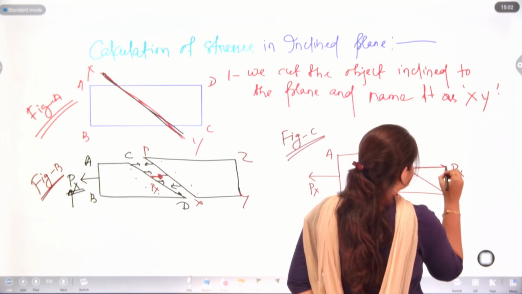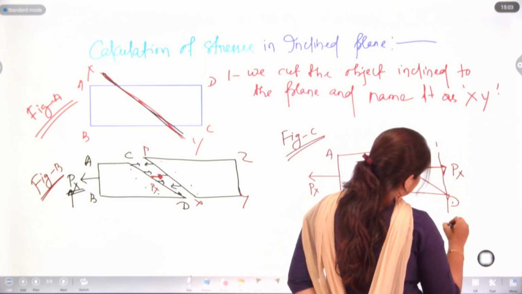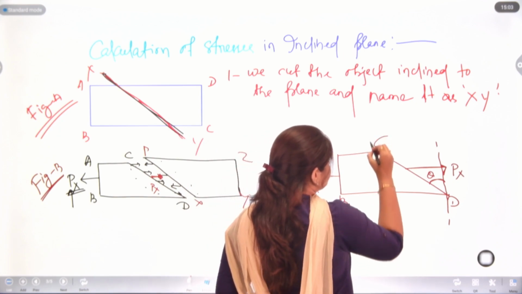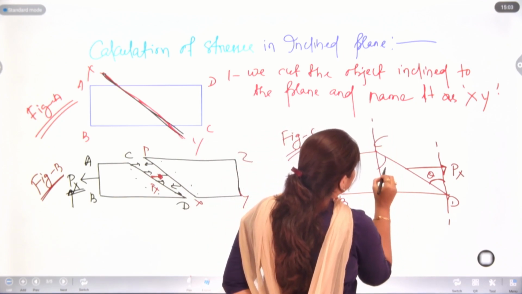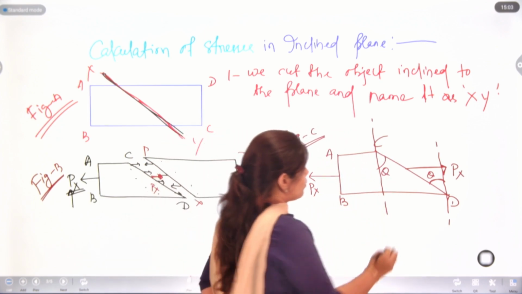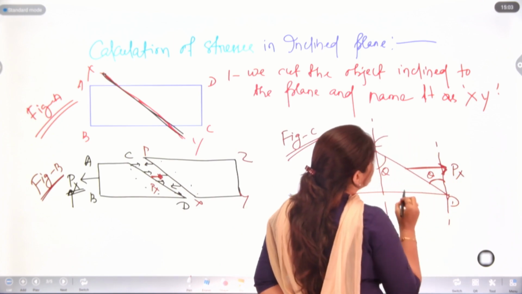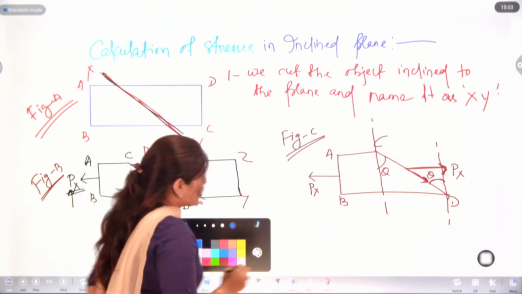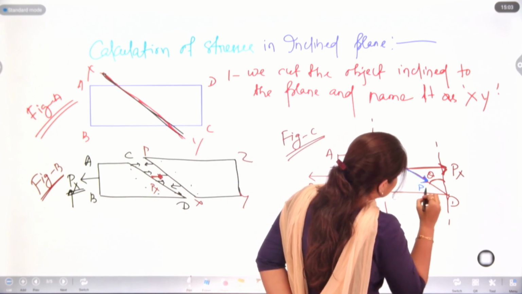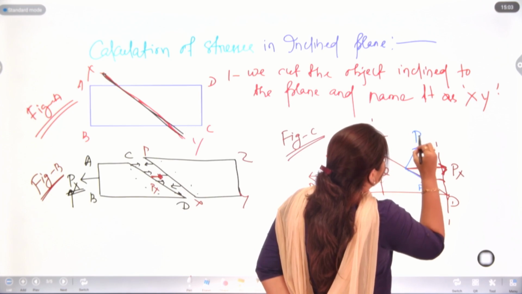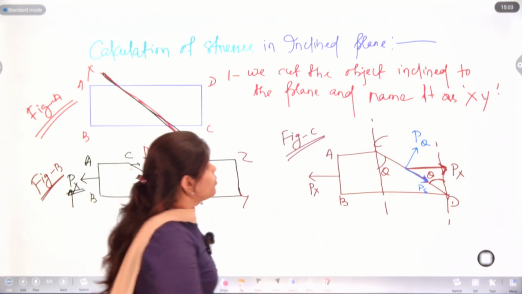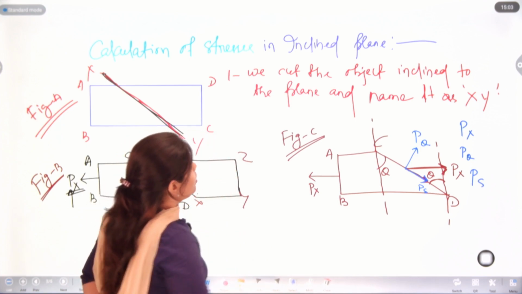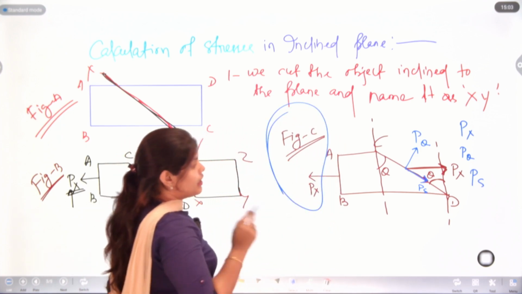Due to this Px, this CD will form an angle theta here. So this Px, the resultant force, will give us two other stresses: in this direction Ps and in this direction P theta. Now we have Px, P theta and Ps. Now we will see this figure C in 3D.